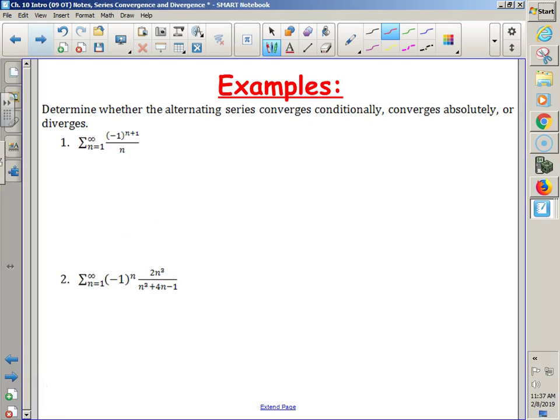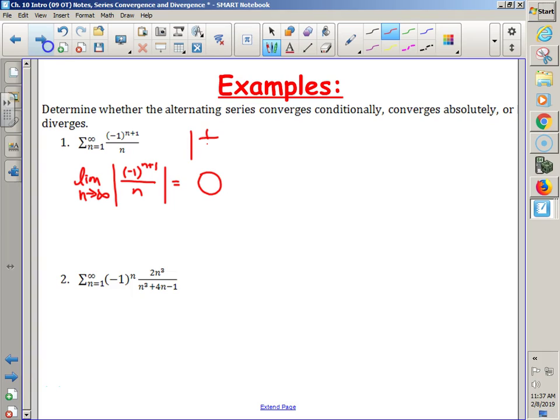Do you guys see him alternating? I do. As soon as he's alternating, all we need to do is take the limit as n goes to infinity of the absolute value of this guy, which basically is just the limit as n goes to infinity of 1 over n, which is 0. The sequence of terms is 0. And what happens as we plug into the terms themselves?